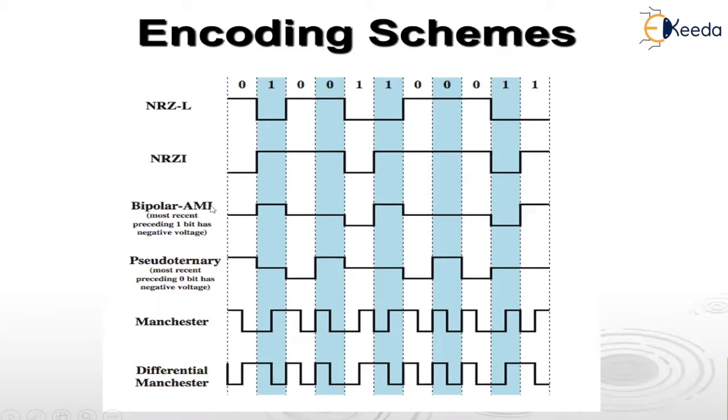Bipolar AMI, AMI stands for alternate mark inversion. Then pseudo ternary code, Manchester code, and differential Manchester code. First, we will see the first code, that is NRZ-L.